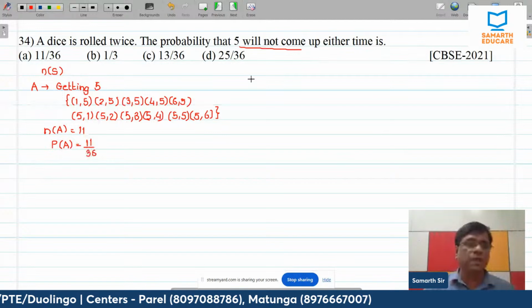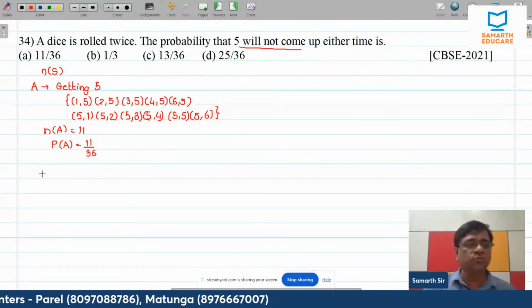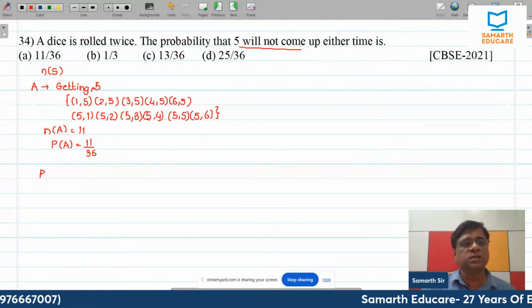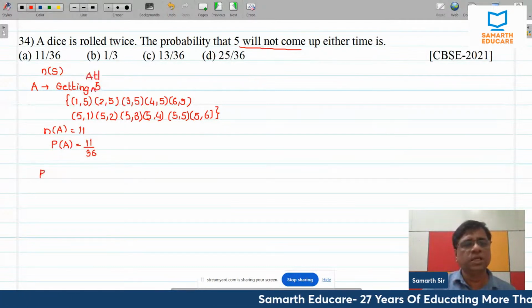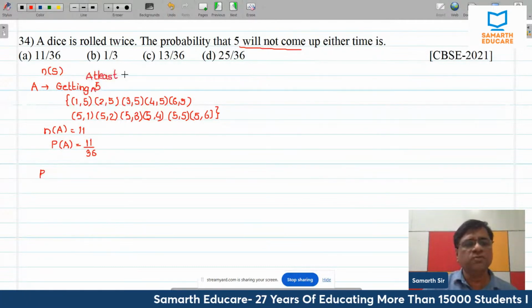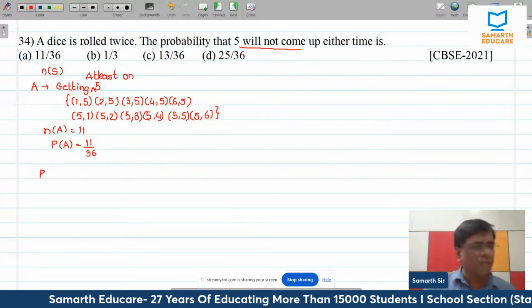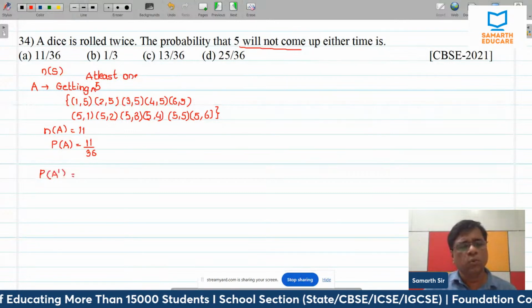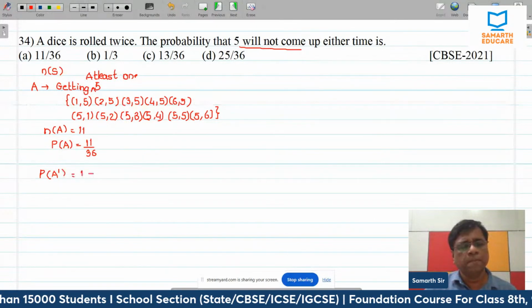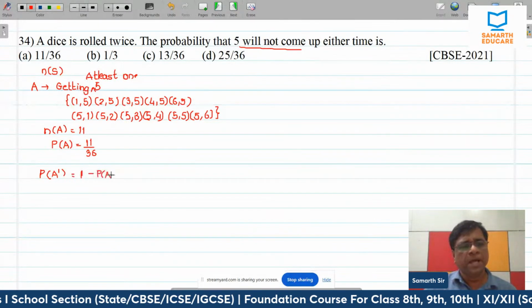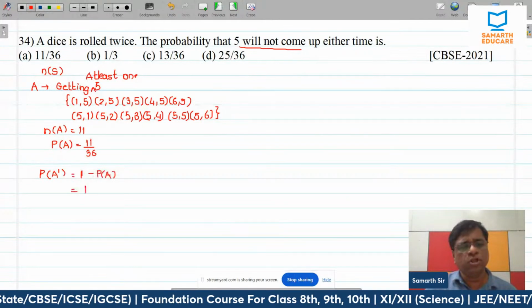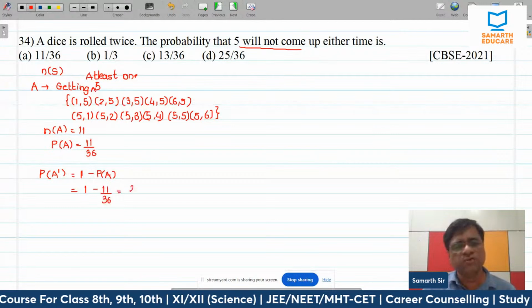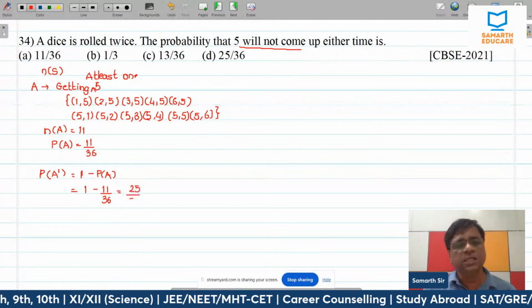So that is the complementary event of at least one 5. Here, basically, getting at least one 5 is what we found. What is its complementary event? No 5. Okay, so P of A dash is 1 minus P of A, and that is 1 minus 11 upon 36. Once again, the simplest way, 36 minus 11 is 25 upon 36, and this is your final answer, 25 upon 36.